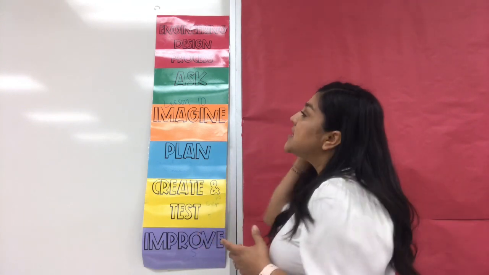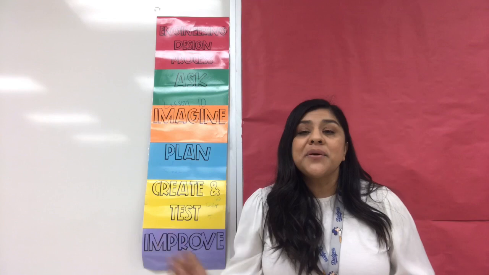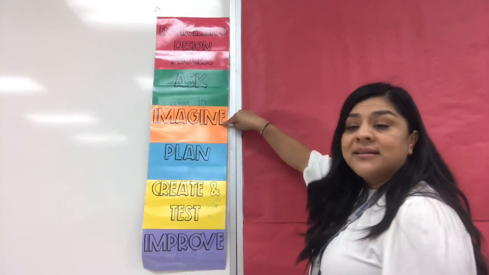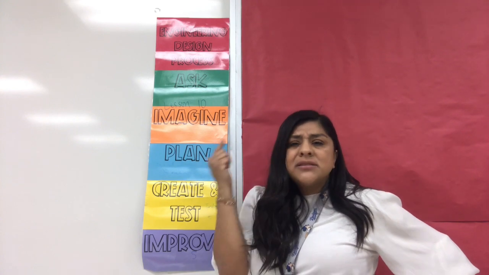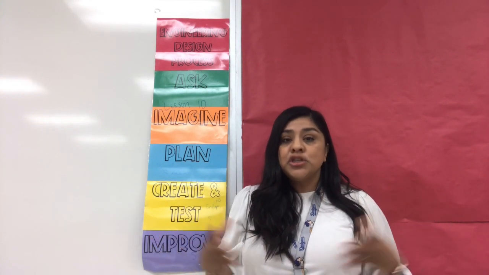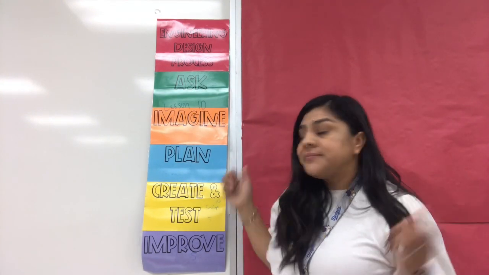So they ask themselves if they can solve a problem and the materials that they have to solve the problem. The question number two they ask themselves is, they have to imagine. They have to brainstorm solutions and what is the best idea to solve the problem they had.